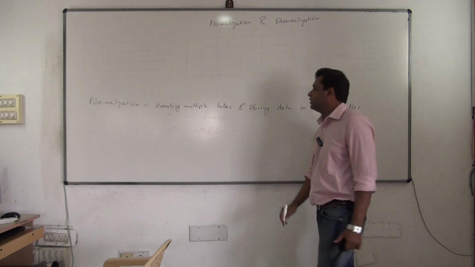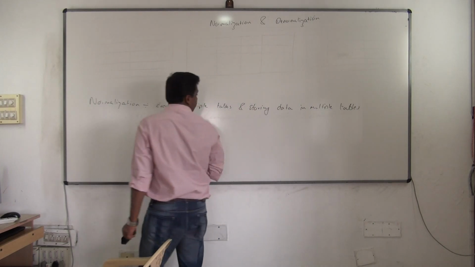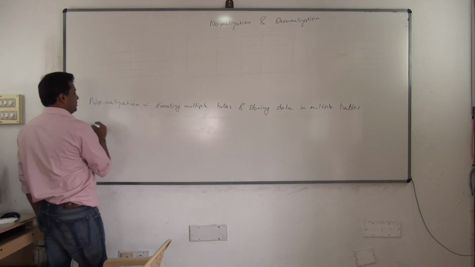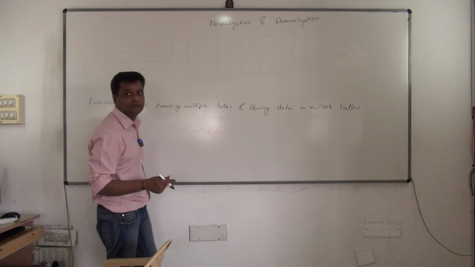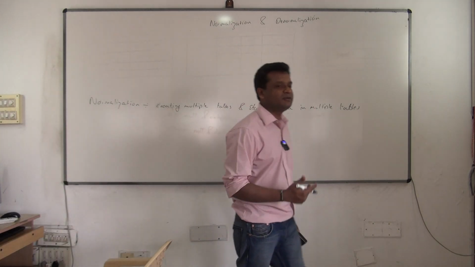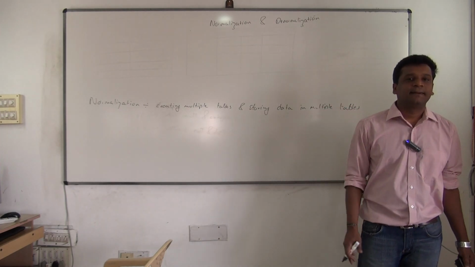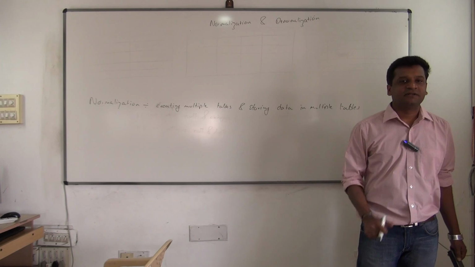Understood? Creating multiple tables and storing data in multiple tables. Next, what is the advantage of normalization? If you do normalization, what is the advantage?